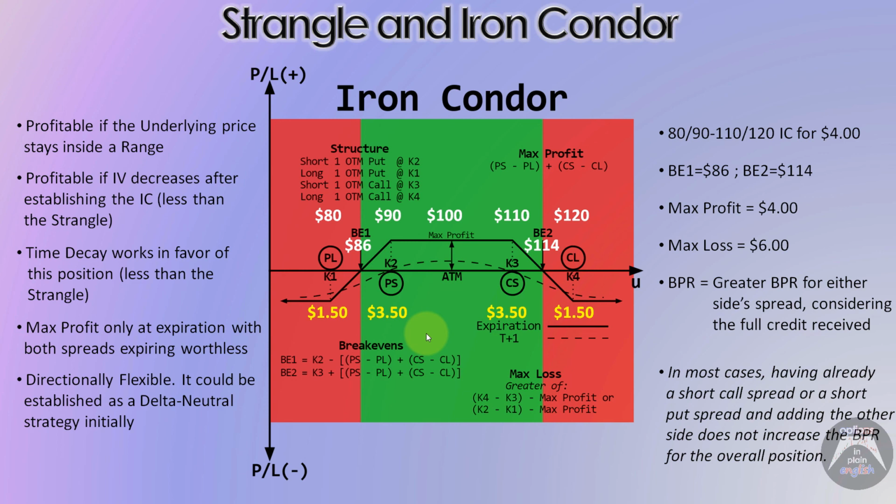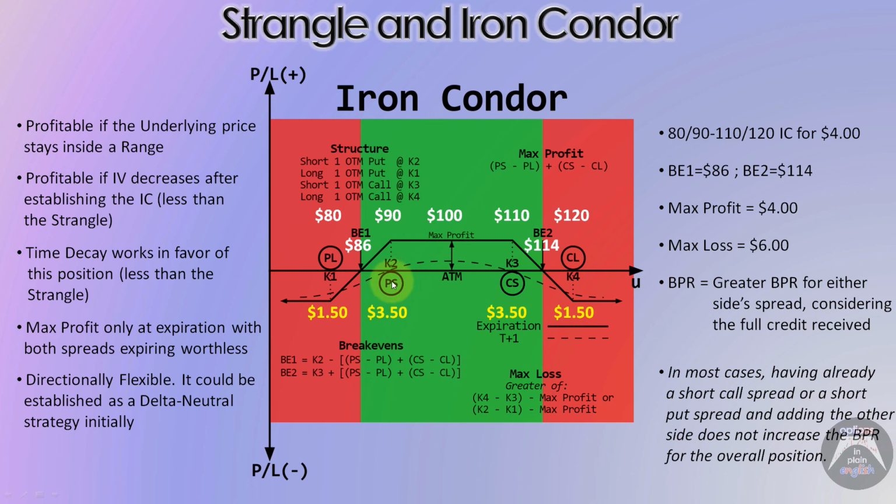And this position is directionally flexible. So again, same thing as a Strangle. It depends on where you position your shorts and your longs, and altogether, that's going to determine what the delta for this position is, and delta determines the directional component of your position.